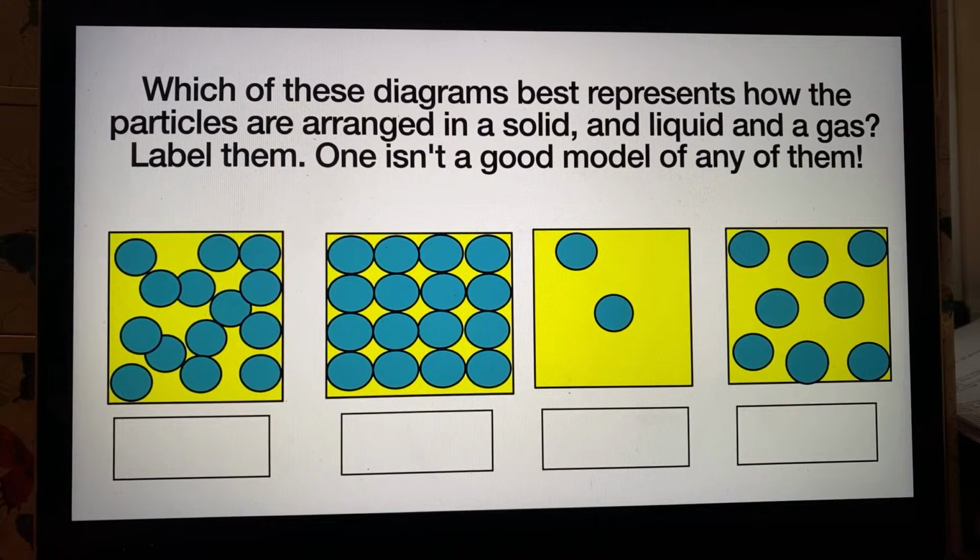And the 4th one is the one that people always draw in their GCSEs, and it's wrong. I'm going to give you the time it takes me to sip this coffee. Which one's a solid, which one's a liquid, which one's a gas, and which one is not anything really.